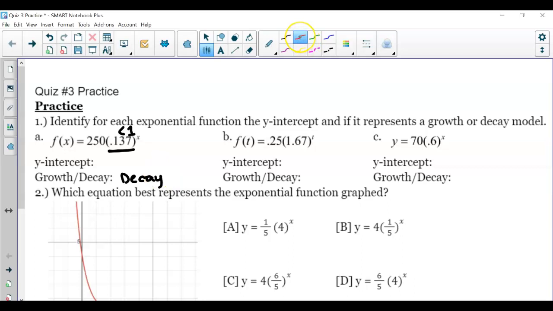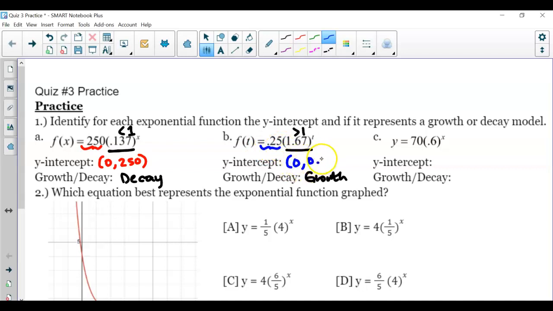Then the coefficient, that value being multiplied, which is 250, is always the y-intercept. So the y-intercept is 0, 250. So again, here the base is 1.67, which is now greater than 1. So this is a growth function, but the y-intercept is 0.25. So that's the y-intercept.